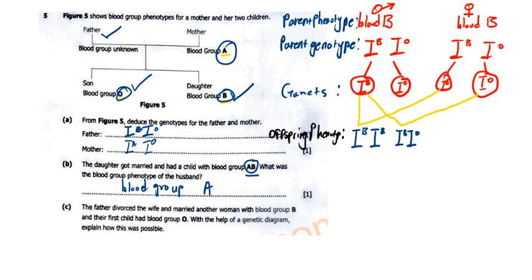This one is done. We go to the next one, and it crosses with that one. So remember, O is recessive, so we are going to have BO. So we're going to have B, and then we are going to have O, like that.